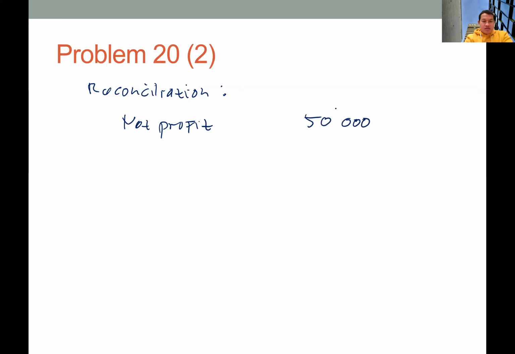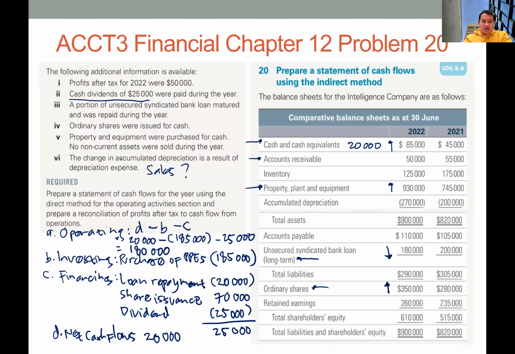Okay, and then plus we remove the accruals. Do we have depreciation? No, we don't have depreciation in the profit portion. What about point 6? The change in accumulated depreciation is a result. Yes, we can calculate the depreciation from using these changes.